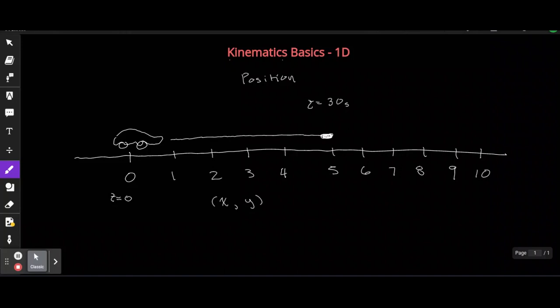In the case of position, our x-coordinate is our time, and our y-coordinate is our position. Time is often represented in seconds, and position, which is often represented with x, is usually in meters.